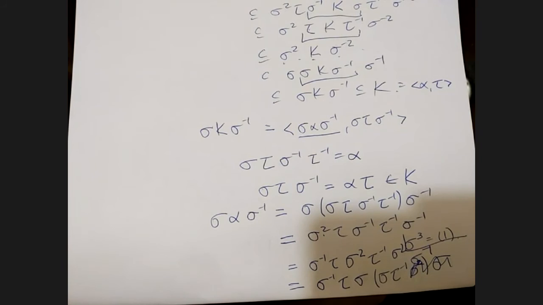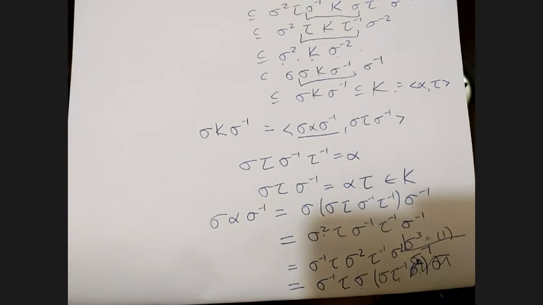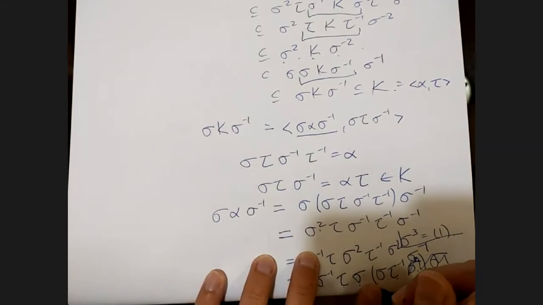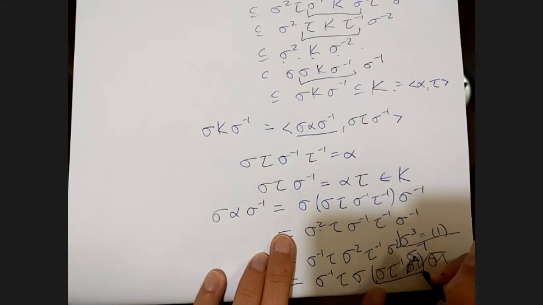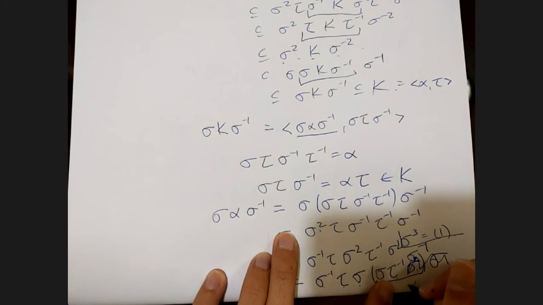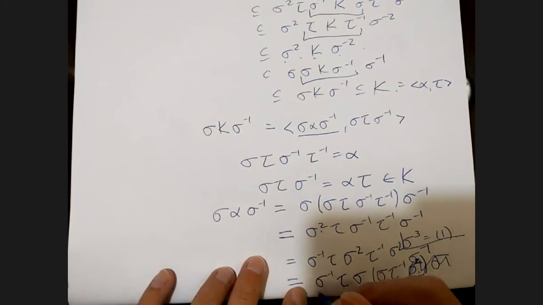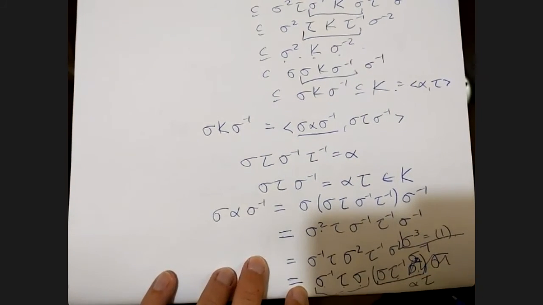Okay, let's unravel everything a little bit. We have sigma inverse tau sigma tau inverse sigma inverse. This is another way to write alpha tau, and this is something related.